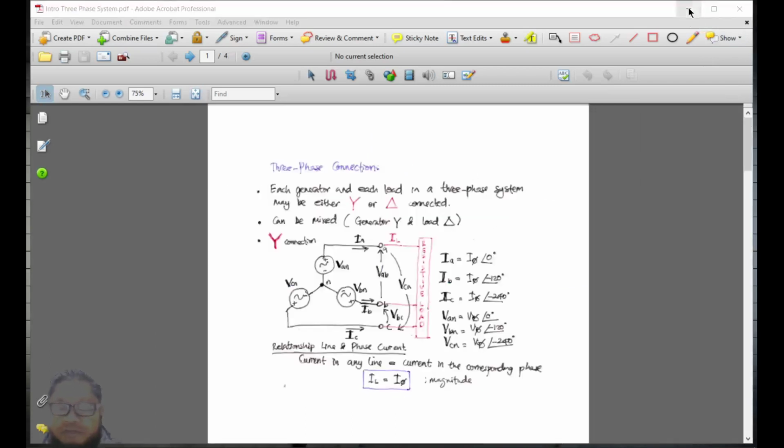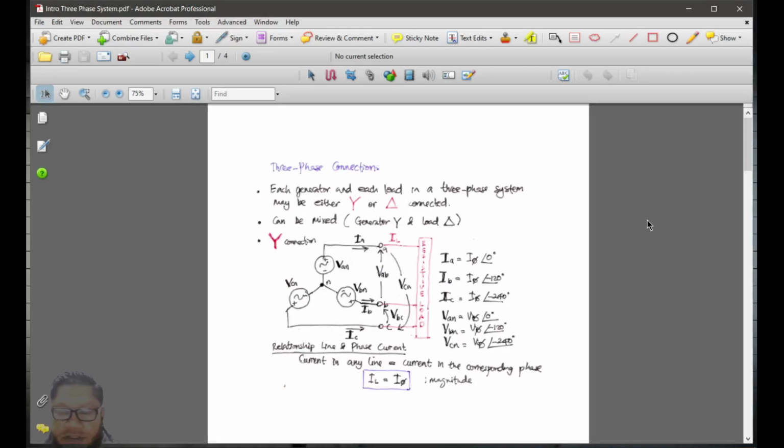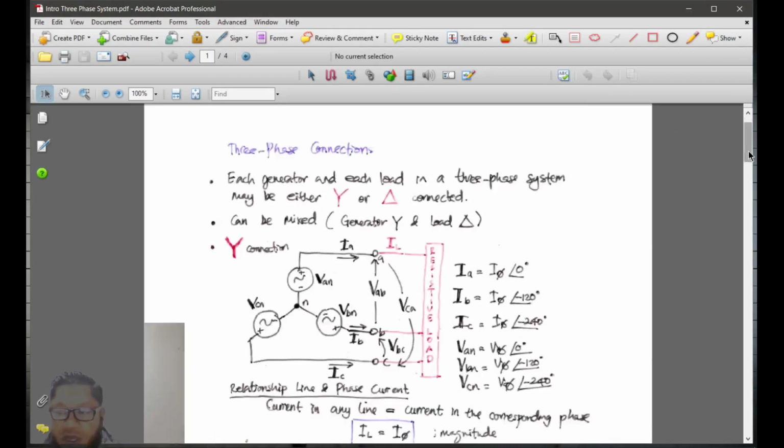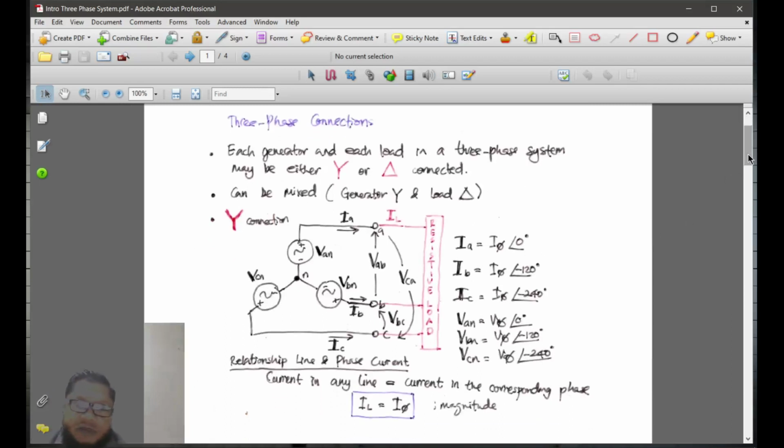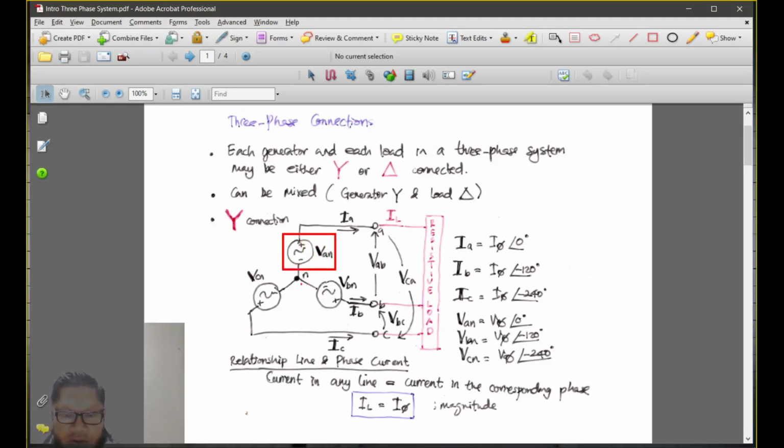So we go back to the three-phase connection, the three-phase supply. We have two types of connection, which is Y or delta connection. It is always either a Y-connected or delta-connected system. For Y connections, we have VAN, VBN and VCN, and the negative terminal of each phase voltage will be neutralized.